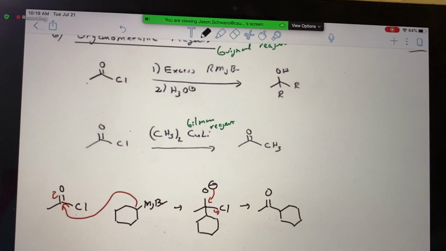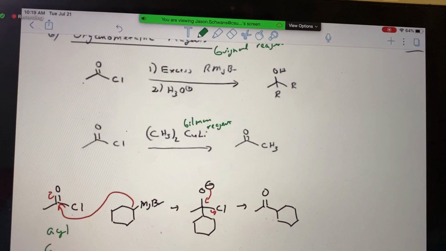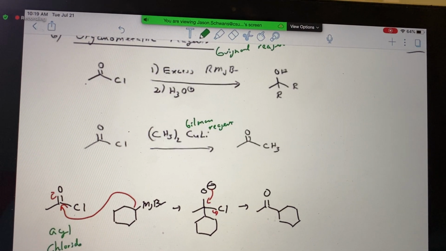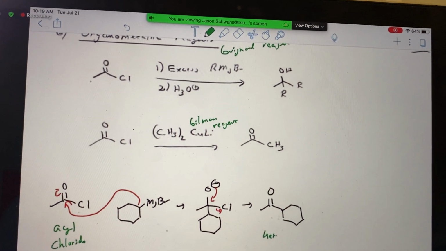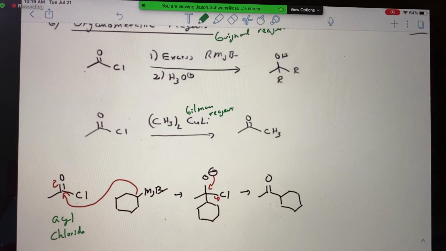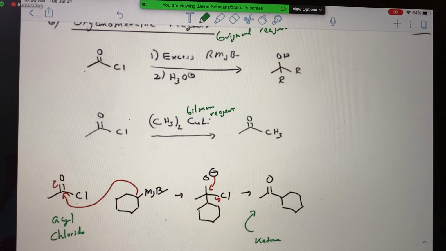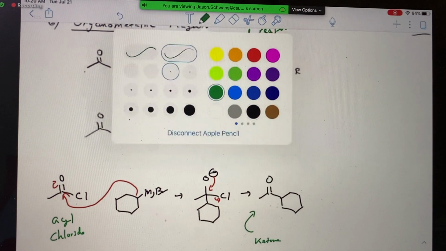And so we have this species here. So now notice we've gone from an acyl chloride to a ketone. And now we know that Grignard reagents will react with ketones.